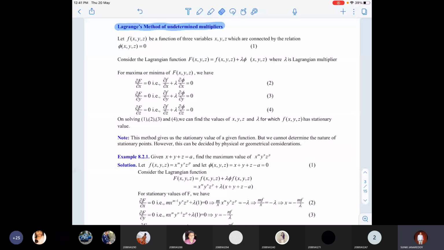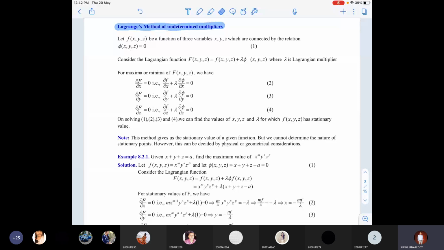For that we will discuss a method, that is Lagrange's method of undetermined multipliers. To find minima and maxima for functions of three variables, we can use Lagrange's method of undetermined multipliers. For that, we should know the required values.